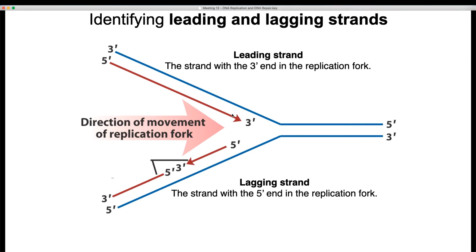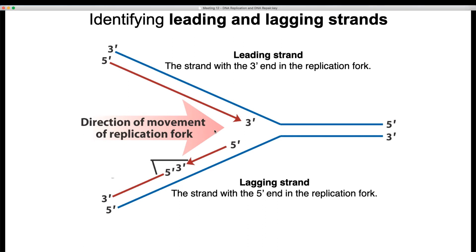Now here is a replication fork. So we would have one of those DNA polymerase complexes at this fork here that consists of one DNA polymerase that's transcribing this leading strand here, or not transcribing, excuse me, replicating this leading strand, and one that is synthesizing this lagging strand. How do we know which one's the leading strand and which one's the lagging strand?